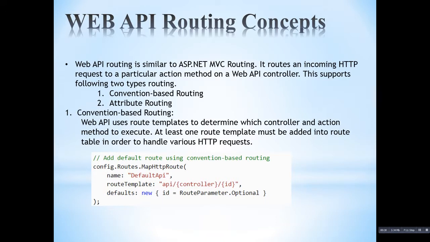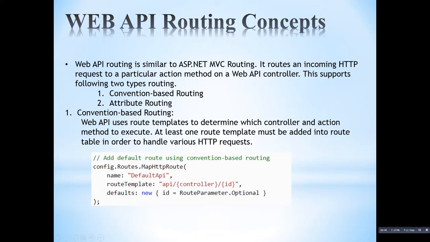Here you can see there are two types of routing concepts, and both are supported by Web API. One is convention based routing and the other is attribute routing.